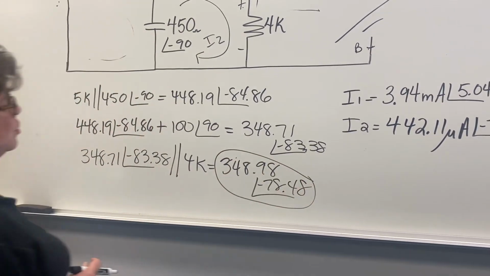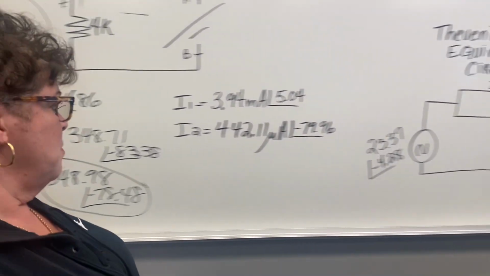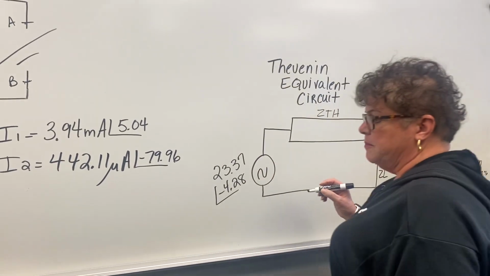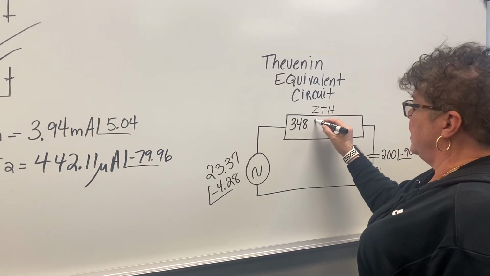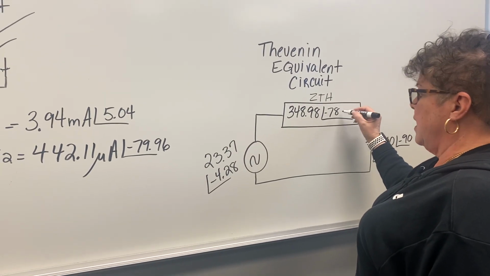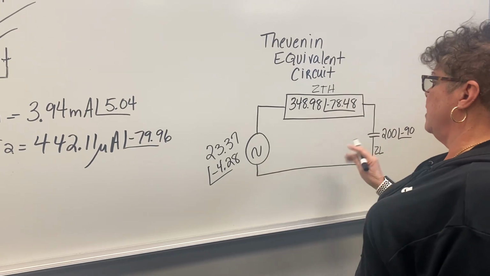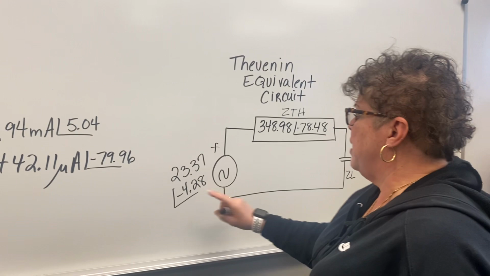And that is your ZTH, also known as Z total. So we're going to come over to the Thevenin equivalent circuit, and we're going to put 348.98 at an angle of negative 78.48.